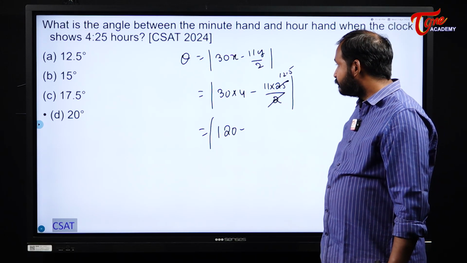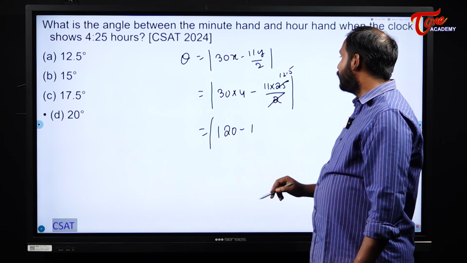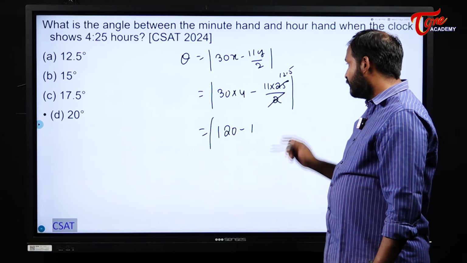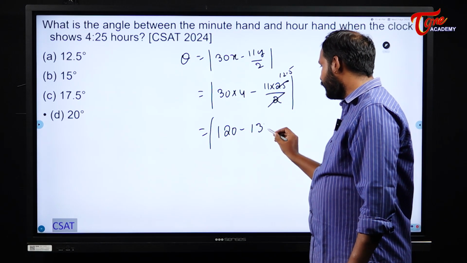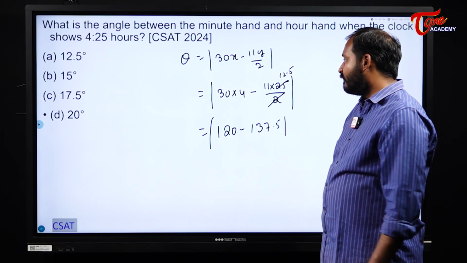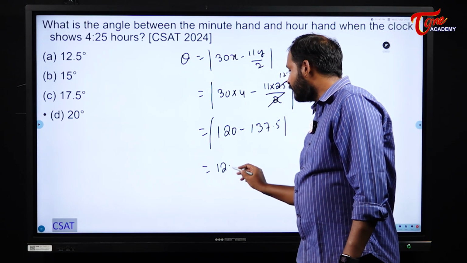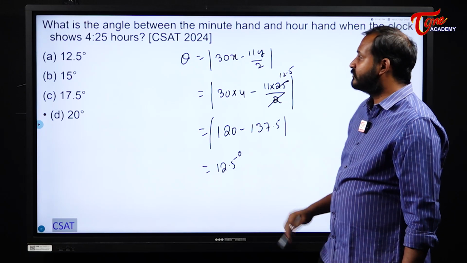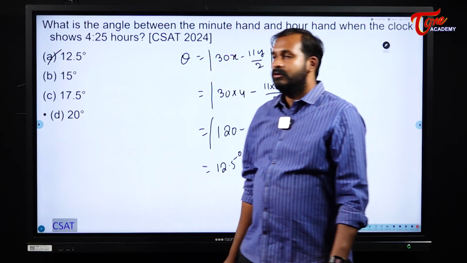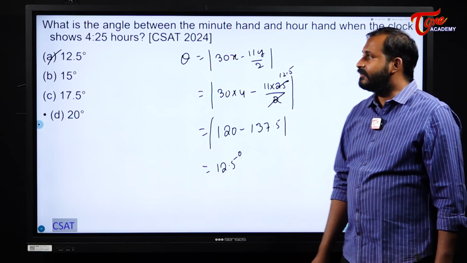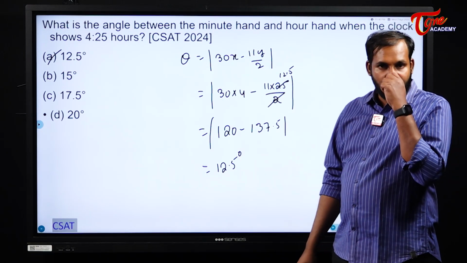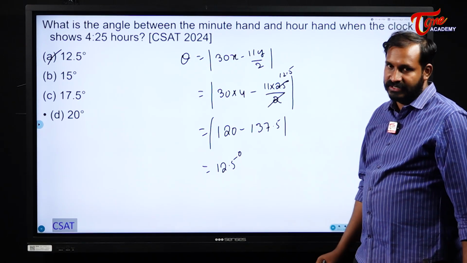What you will get here? 125 plus 12.5 means 137.5. So what will be our answer here? Actually, you will get minus 12.5, mod is there. So plus 12.5 degrees. The angle between two hands of the clock at 4:25 is 12.5 degrees.